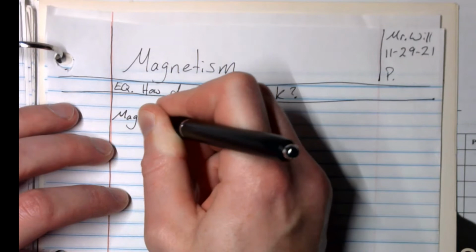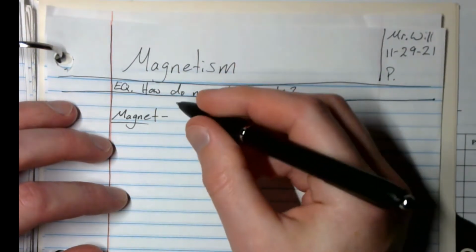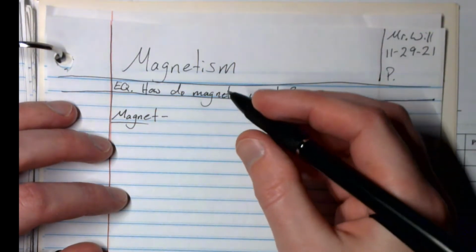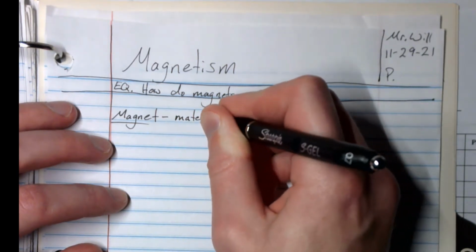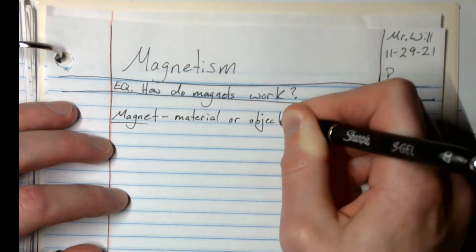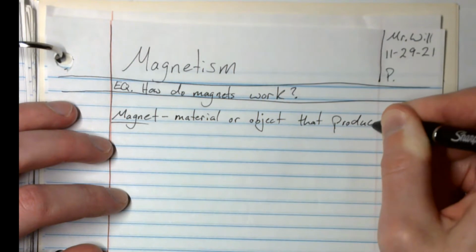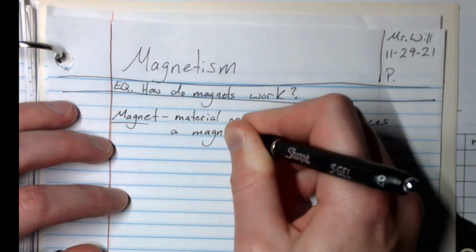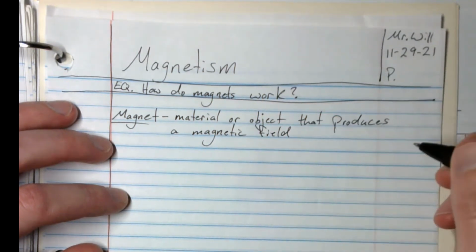Let's put that as our first word, magnet. A magnet is any material or object that produces a magnetic field.